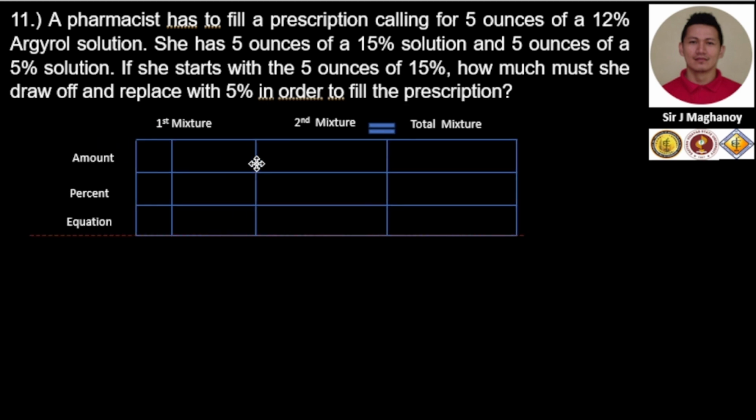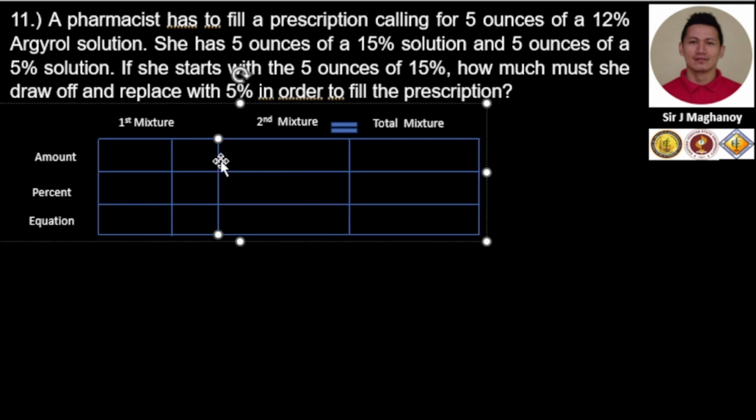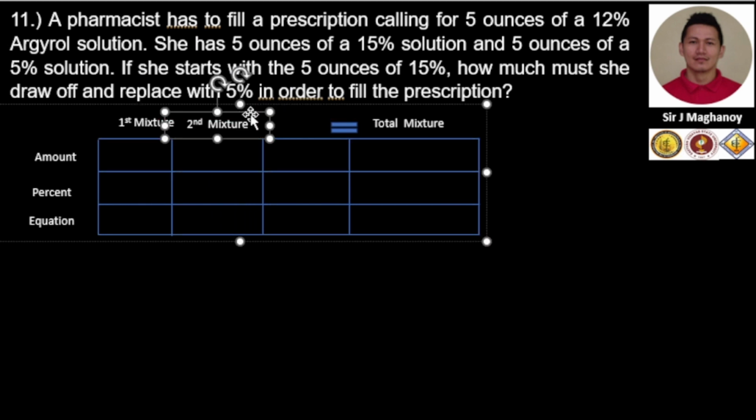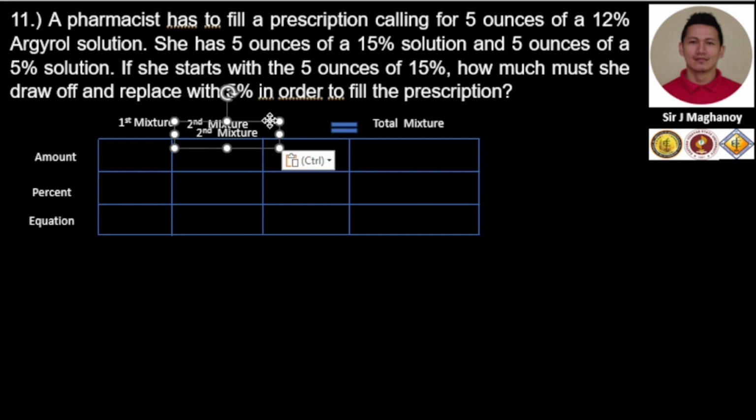We draw off our second mixture and add our third mixture. So draw off means minus, and replace with means plus.